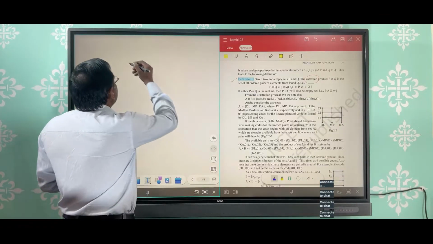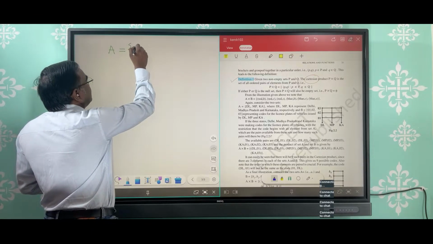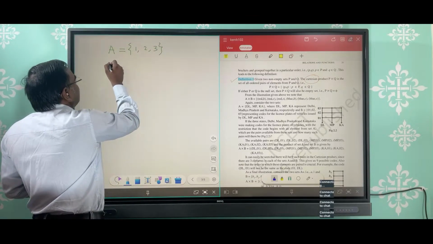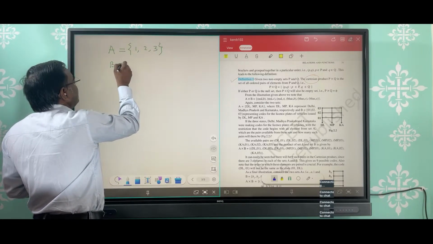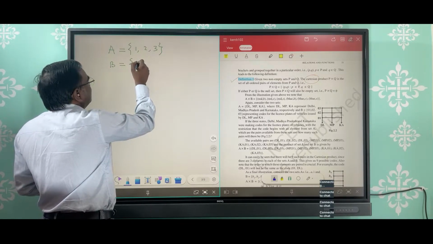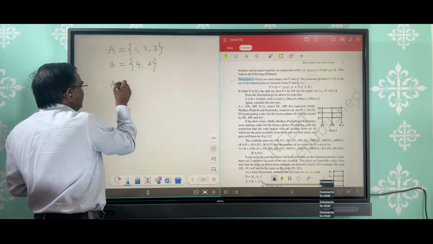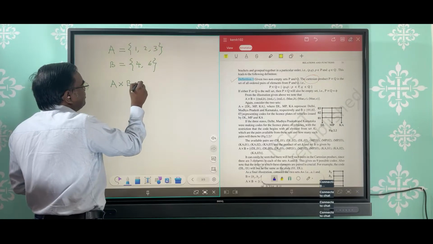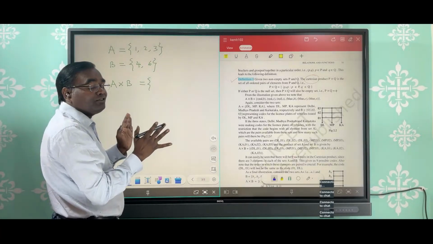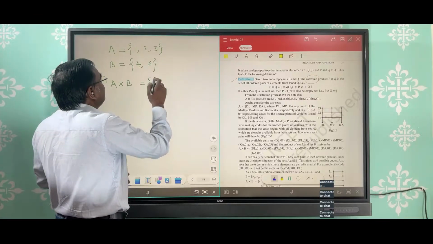To check it practically, suppose we have a set A with three elements, 1, 2, 3, and the elements of set B are 4 and 6. You want to find the cross product of the two sets A and B. Then what will you have? The cross product is the set of all ordered pairs of elements of A and B. So A cross B, not B cross A.